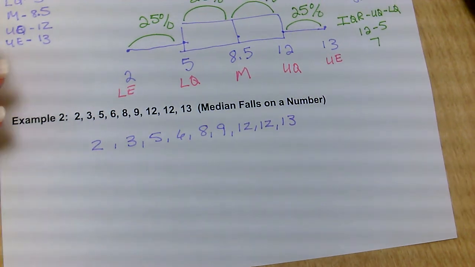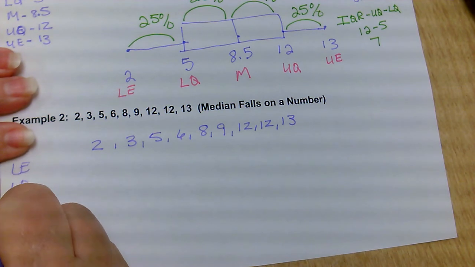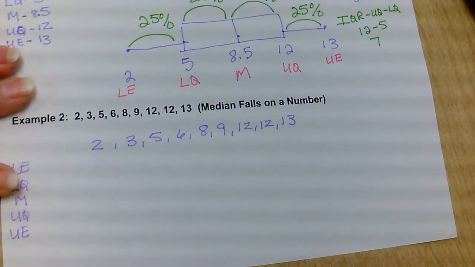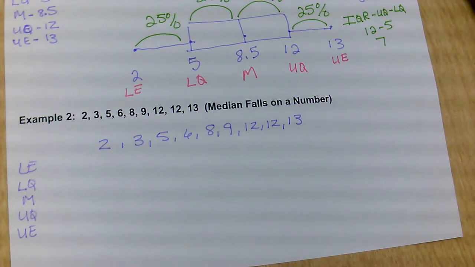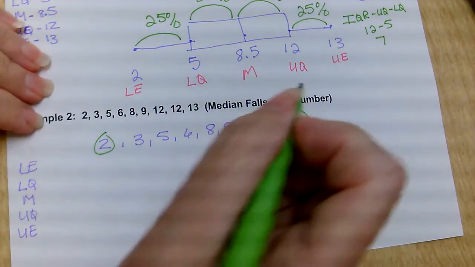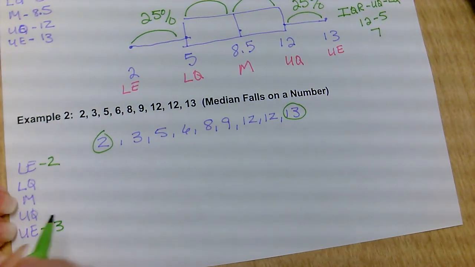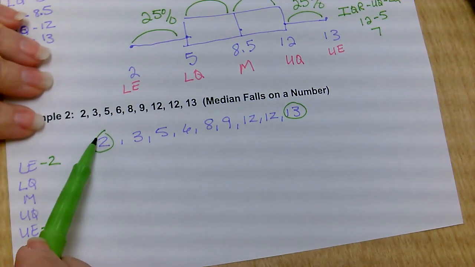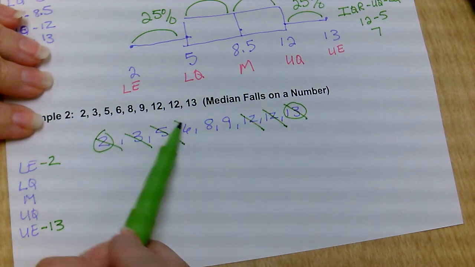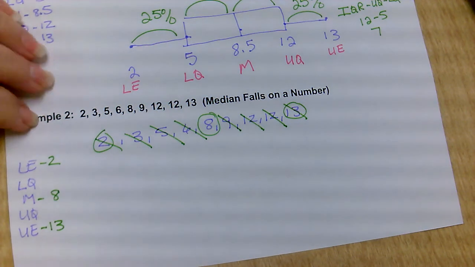Once again, we need the lower extreme, lower quartile, median, upper quartile, and upper extreme. We have 2 and 13, so the lower extreme is 2 and the upper extreme is 13. Let's calculate the median. We have a single middle number, so this time the median is 8.